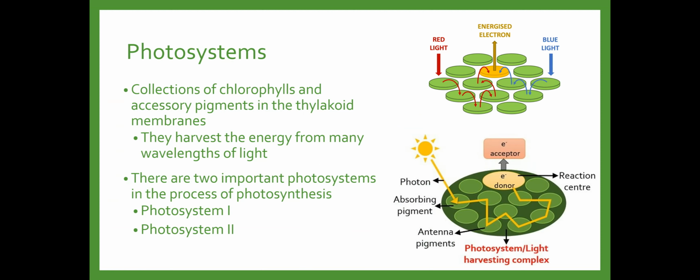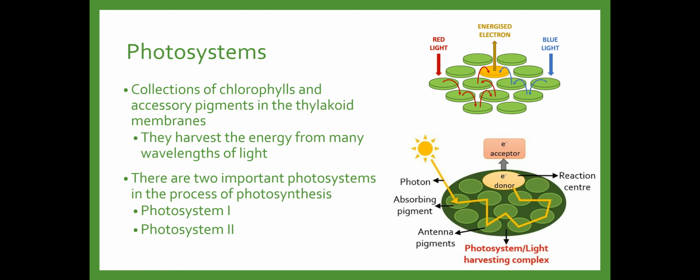So these pigments are going to be located in the thylakoid membranes, and they're kind of grouped together in these little collections called photosystems. And we could get way more technical in this lesson. I try to keep it as simple as possible. But these photosystems are where the light is going to be absorbed and the energy is going to be transferred to electrons. So there's actually two photosystems that are involved in photosynthesis.